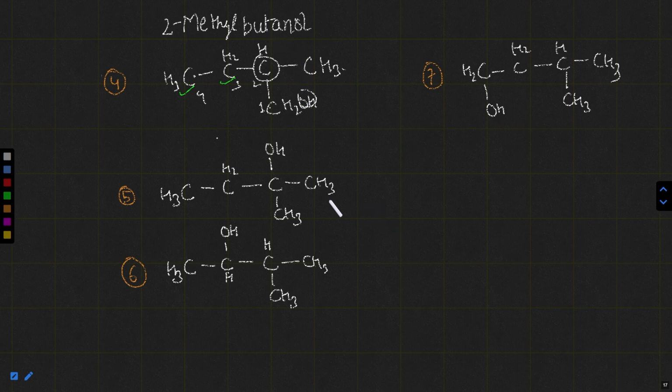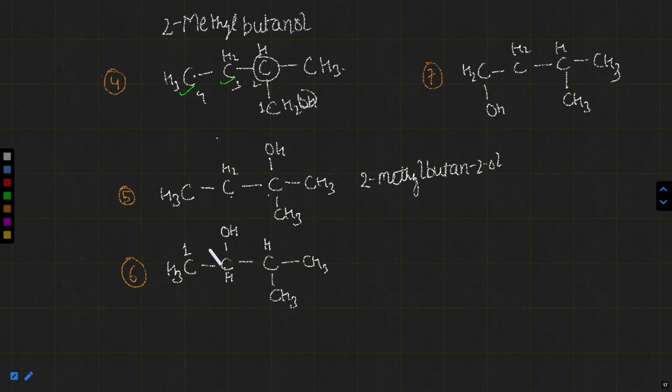What about this? 1, 2, 3, 4. 4 carbons are there. But in this case, alcohol is on second position. So 2-methylbutan-2-ol. What about this? 1, 2, 3, 4.